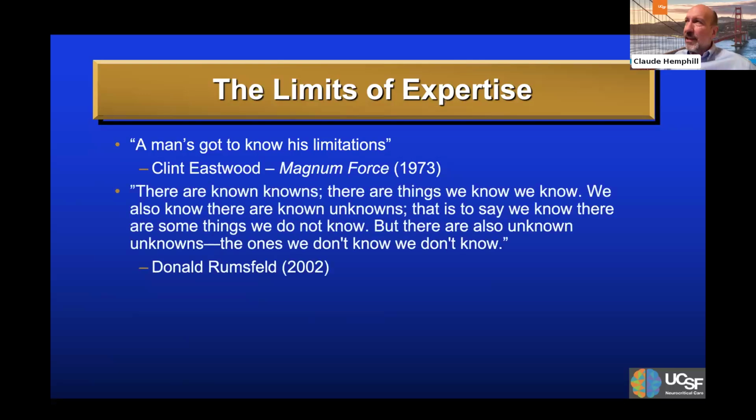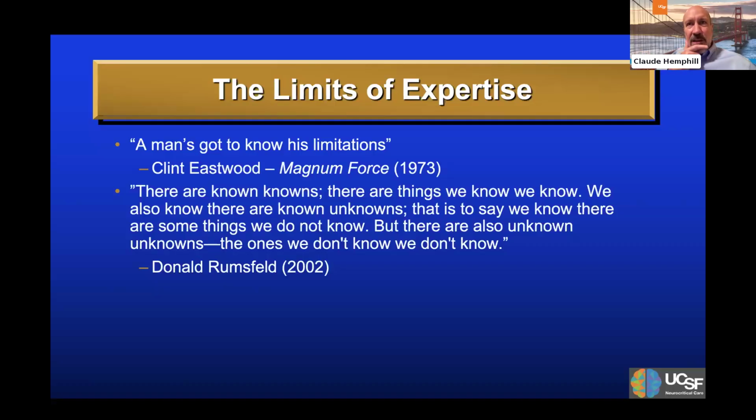And then it's interesting, there's this quote from Donald Rumsfeld, who was the defense secretary roughly 25 years ago, that has been repeated a lot, almost in a joking manner, but it's interesting because there are known knowns, the things we know. There are also known unknowns, things that we know that we do not know, and then there are unknown unknowns, the ones that we don't know we don't know.